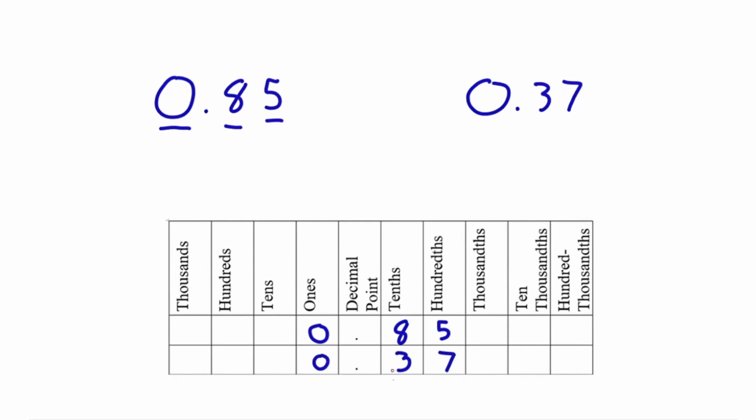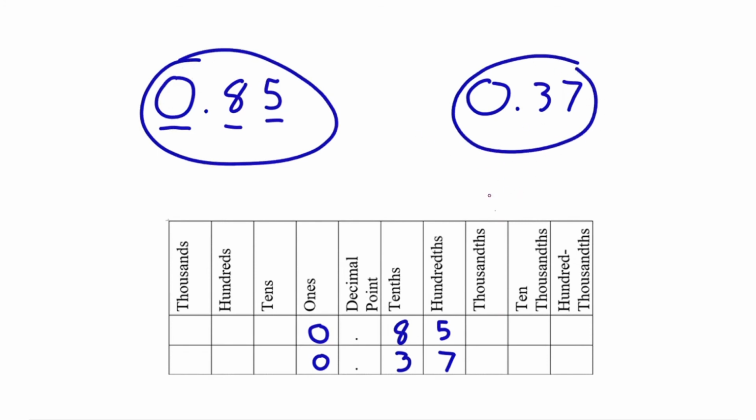Now to compare these, we start on the left and we look at the ones column. They both have zeros, so in this column they're equal. We have our decimal place, then we're in our tenths. In the tenths column, the 8 is more than the 3. So we know that this number is more than this number. So what symbol do we need to use?